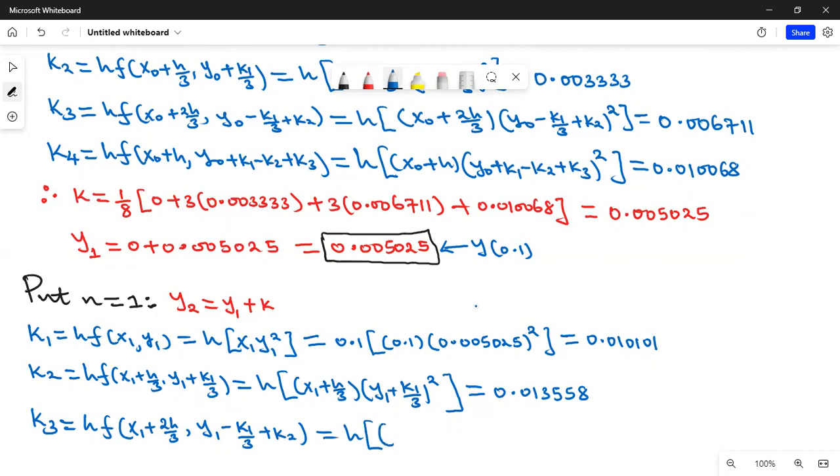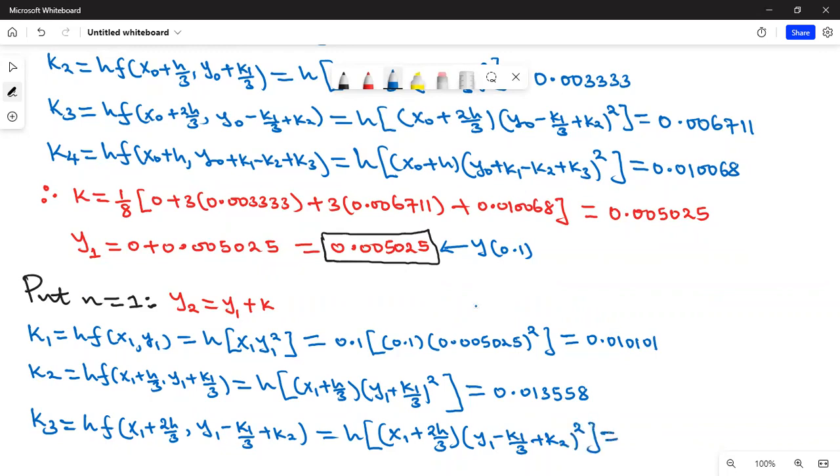So that should give us x1 plus 2h over 3 times y1 minus k1 over 3 plus k2. This is supposed to be squared.